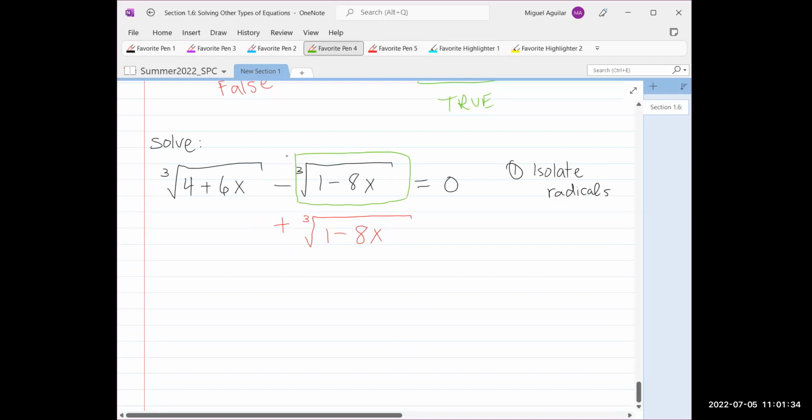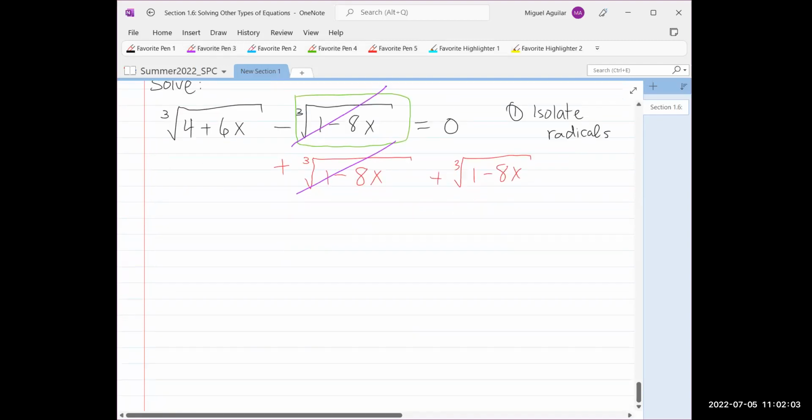We have minus that big chunk, and we're just going to add that big chunk to both sides of the equation. Because anything plus its opposite, so this negative cube root of all this stuff inside, plus the positive version of this cube root with all this stuff inside, those cancel out to 0.